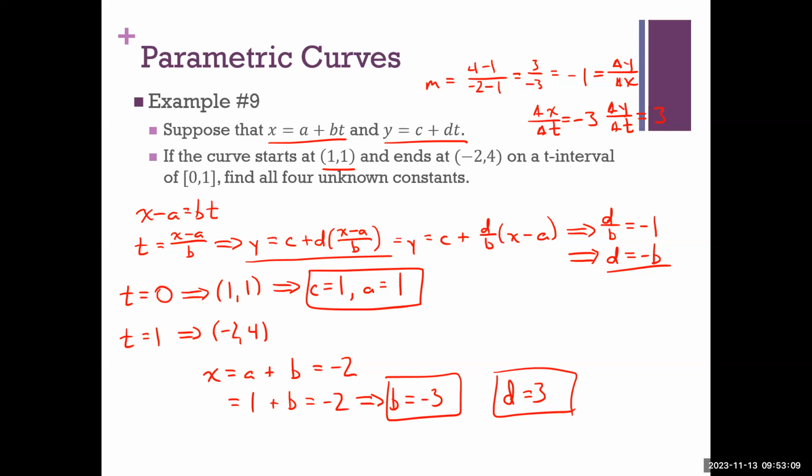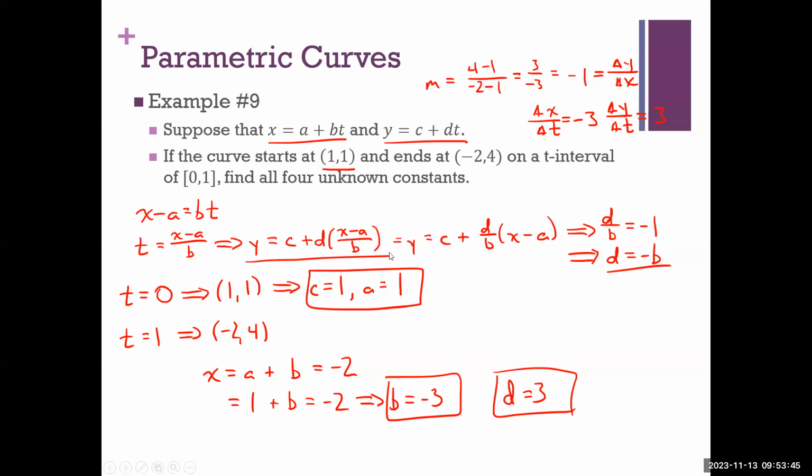Because b is a constant and d is a constant. Right. So another way to ask this: if I were to graph x versus t or y versus t, what would that graph look like? A straight line, right? So if they have a straight line, then I can say yes, those are constant rates of change.